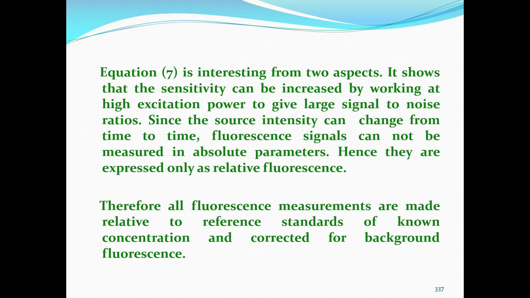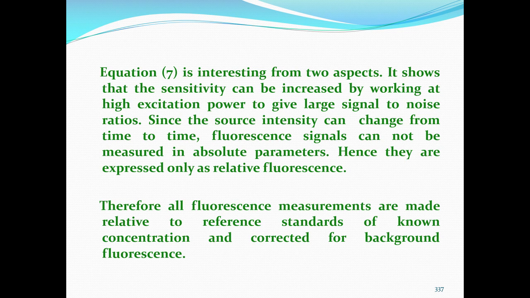Therefore, all fluorescence data are expressed as relative fluorescence. Therefore, all fluorescence measurements normally are made relative to some reference standard of known concentration and corrected for background fluorescence and also for the fixed slit width.